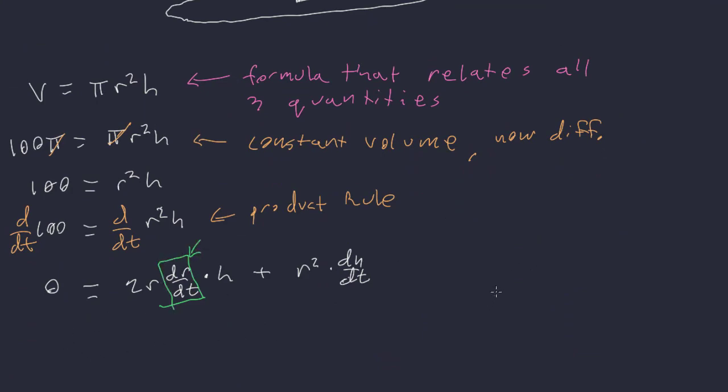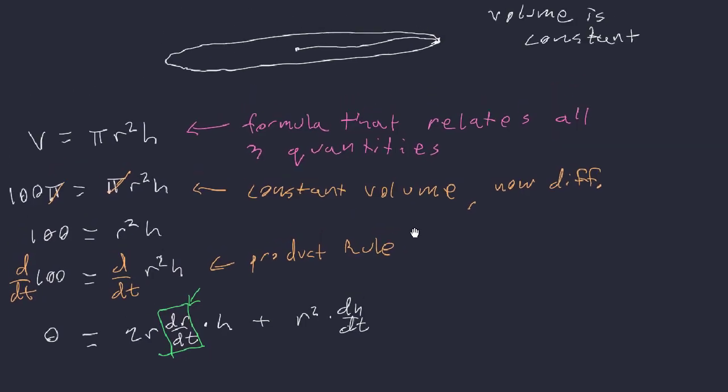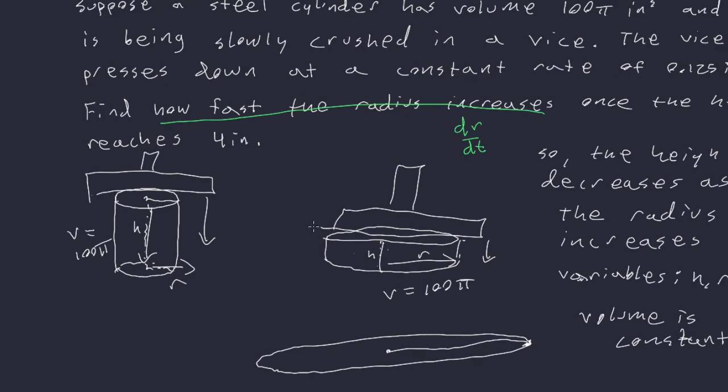Everything else we should be given, or it shouldn't take too long to figure out. Now we can plug in this 4 inches. This is when we're freeze framing this situation to see what's happening when we hit a height of 4 inches.